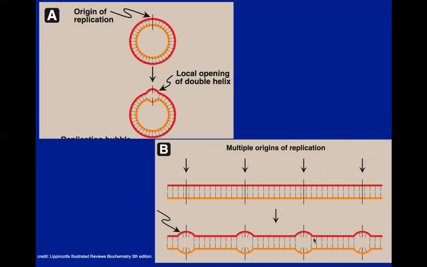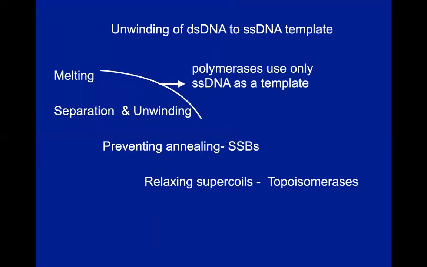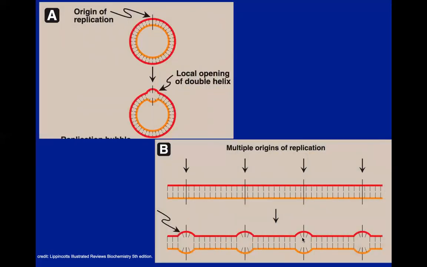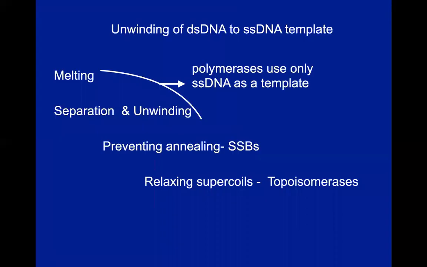So this opens up here, and the replication will be in both directions. So in this direction and in this direction, and at the same time at this origin of replication site, again in this direction and in this direction. So the replication goes on like this, and it's completed in 9 hours.